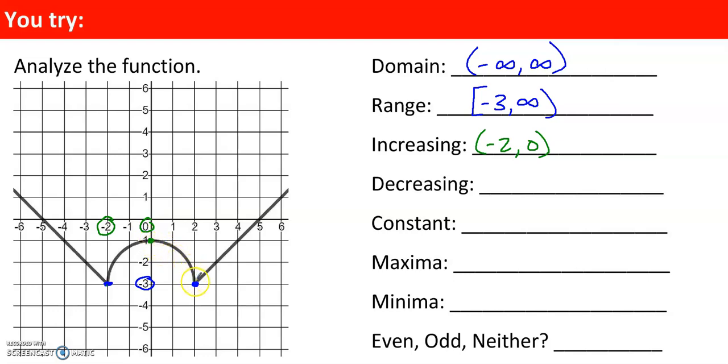I'm decreasing until I get here to x equals 2. And now from 2 and everything on, I'm increasing again. So I want to write that I'm increasing from -2 to 0 union from 2 forever to infinity. Where am I decreasing? Well, I was decreasing at the start of it from -infinity down to -2.